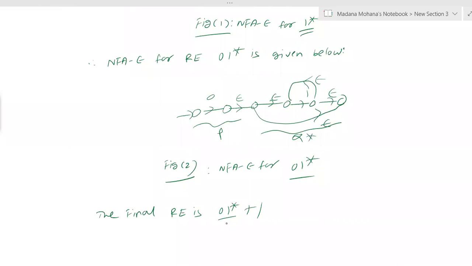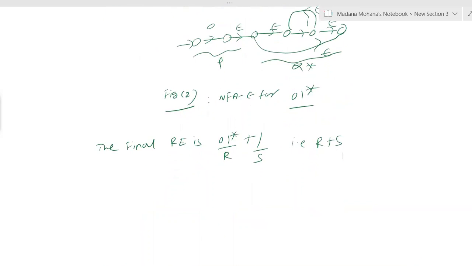Let us say this is R. Now this is S. Then this is in the form of R plus S. Now we know how to draw the NFA for R plus S. For R plus S, the NFA with epsilon is given below.